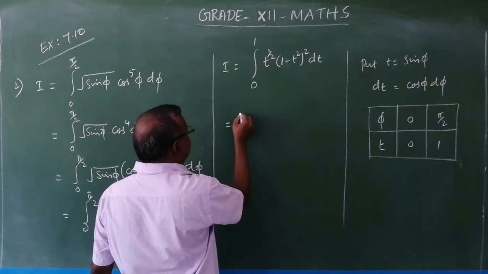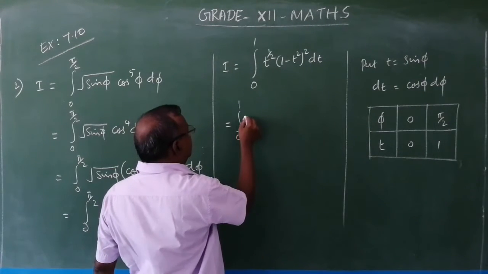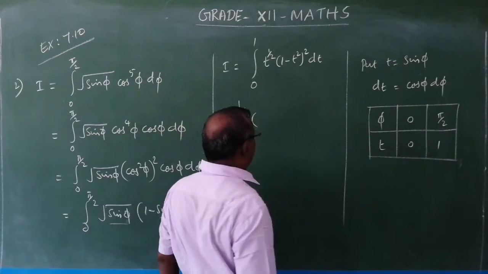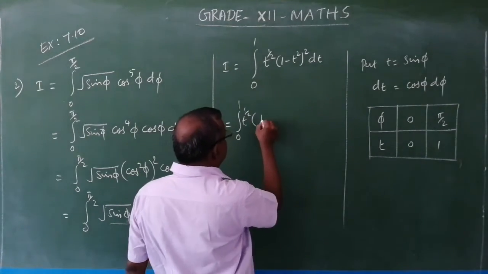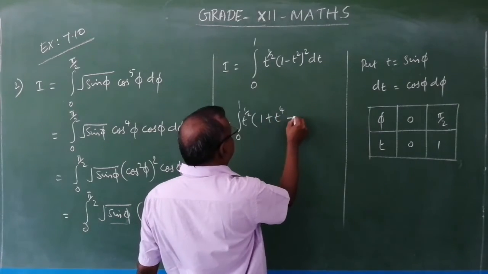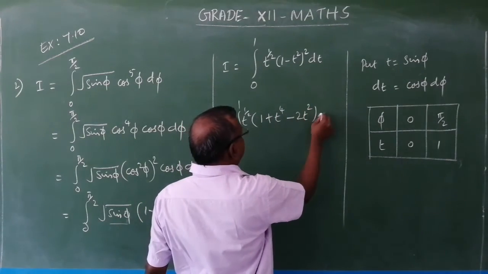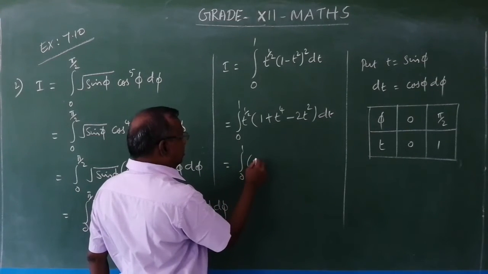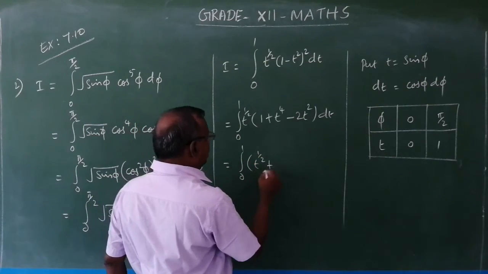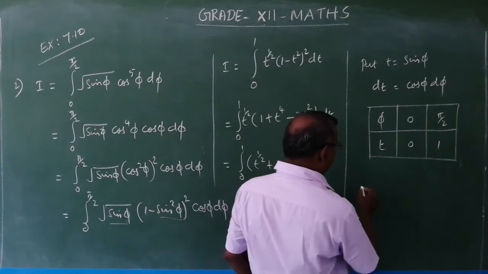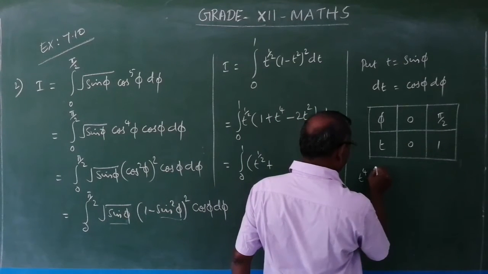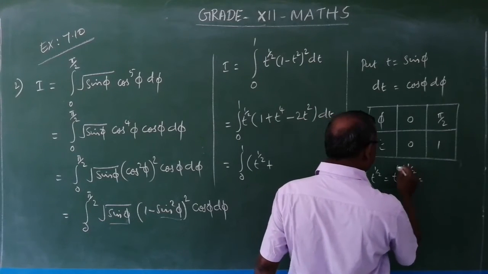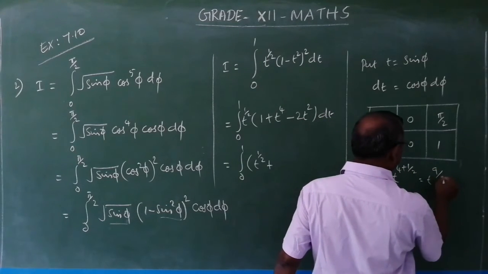So this is equal to integral 0 to 1 t power 1 by 2 into (a minus b) the whole square, which by the formula is a square plus b square minus 2ab, into dt. So multiply this: 0 to 1, t power 1 by 2 plus t power 4 into t power 1 by 2, t power 4 into t power 1 by 2 equal to t power 4 plus 1 by 2 equal to t power 9 by 2.